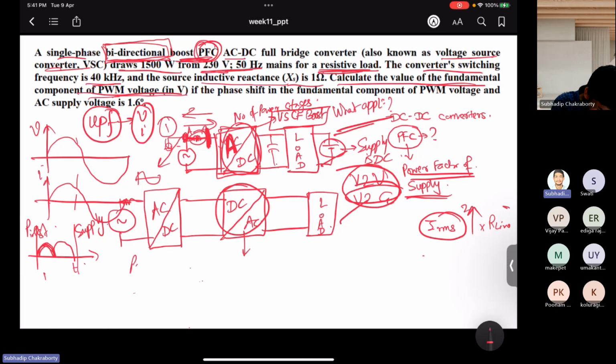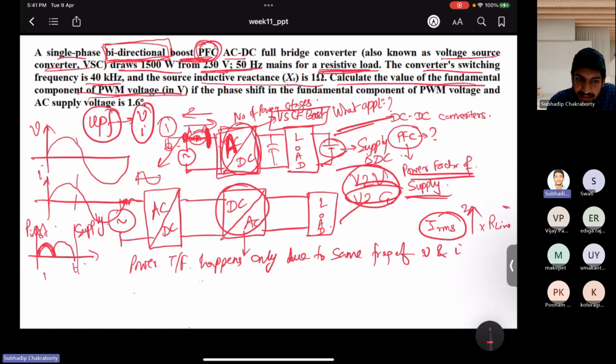So remember, power transfer happens only due to same frequencies of voltage and current. And if I write active power transfer, then active power transfer will only happen due to same frequencies of voltage and current, as well as they should have no phase mismatch, right?